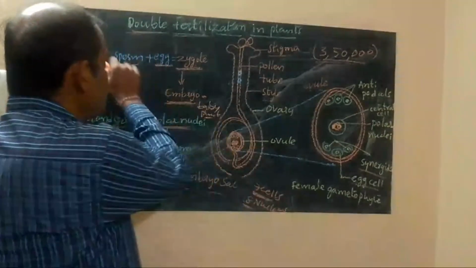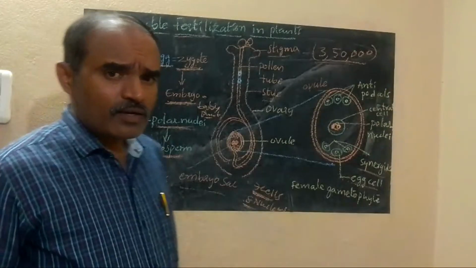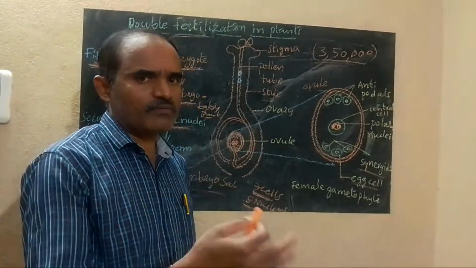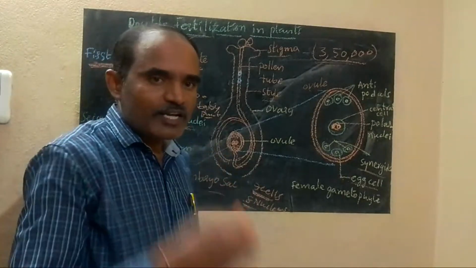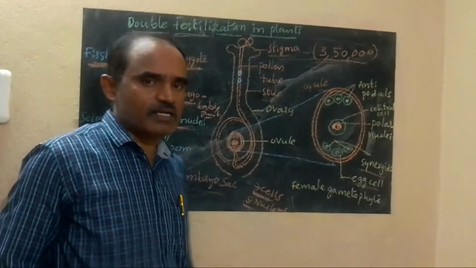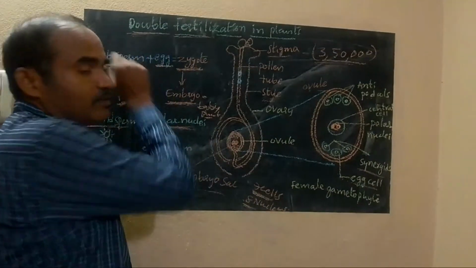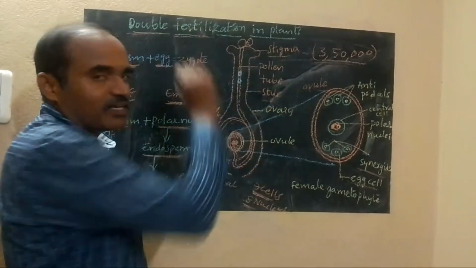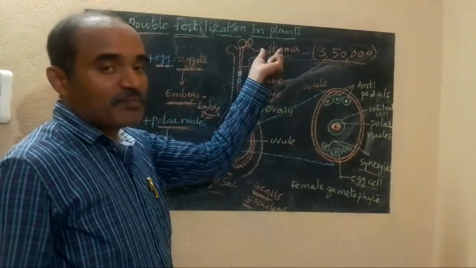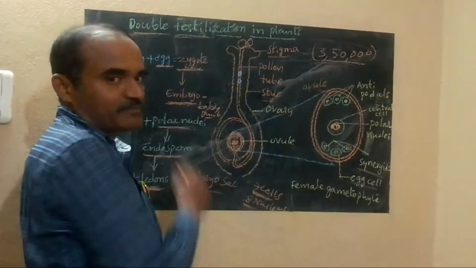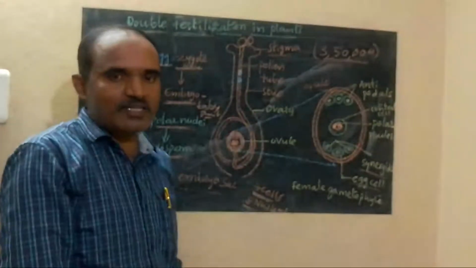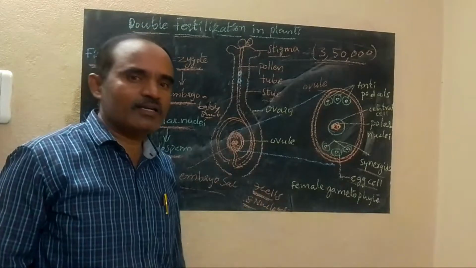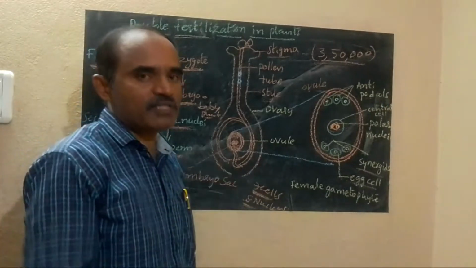Now we will discuss how double fertilization takes place in flowering plants. First, after the pollen grains reach the stigma, on the stigma there is a sticky sugary substance and other substances.